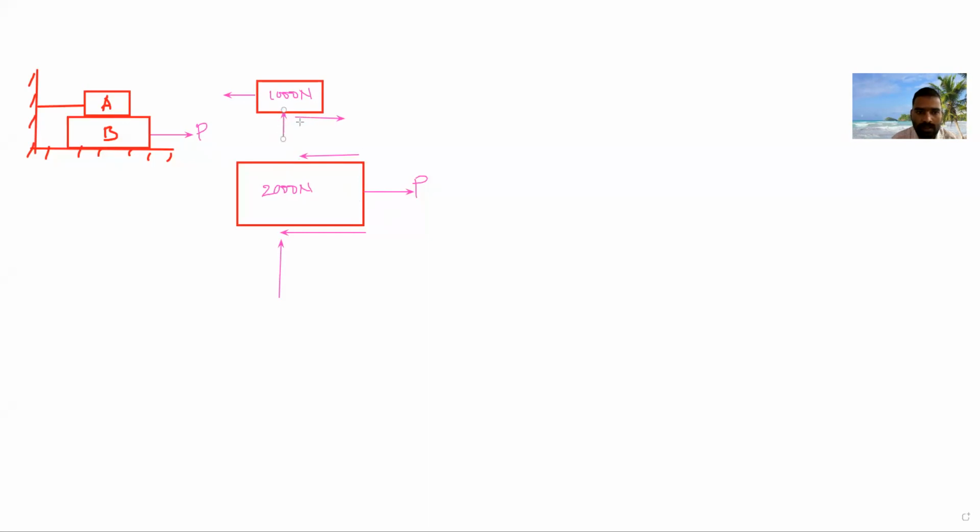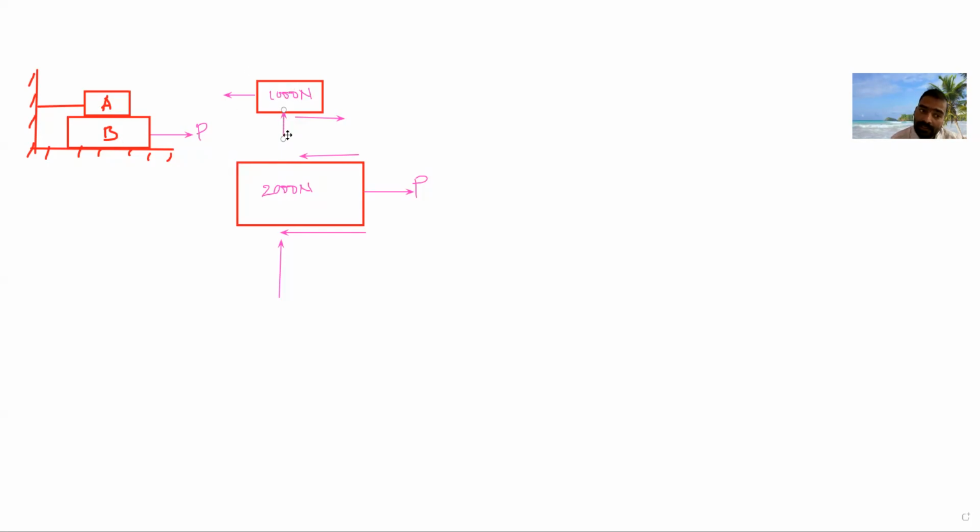This upward reaction is developed because of the weight of body A, and also if any other forces are acting in an inclined or vertical direction. There is a 2000 Newton body, and the weight of A is also acting on body B. So I am not considering this weight.